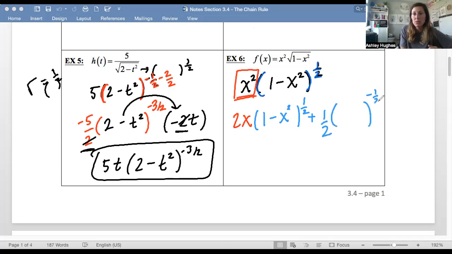So this becomes -1/2. You keep the inside the same. And then you multiply by the derivative of the inside times the first. So let's check this out. Derivative of the first times the second plus derivative of the second. This is the chain rule here. Times the first.